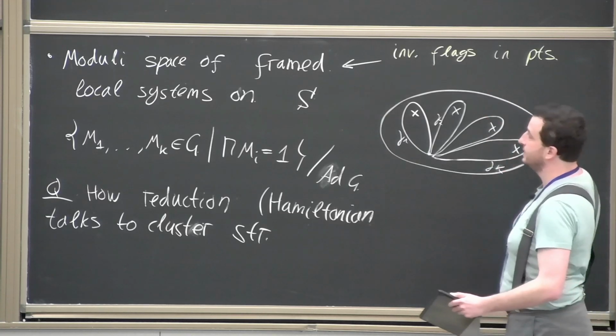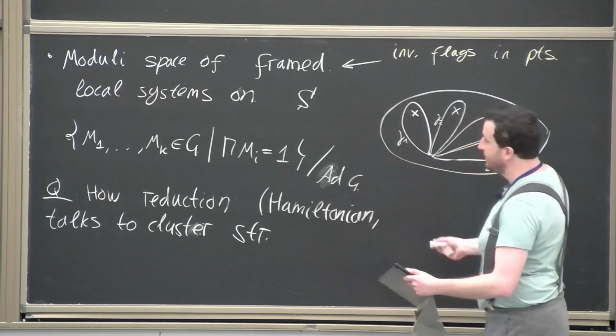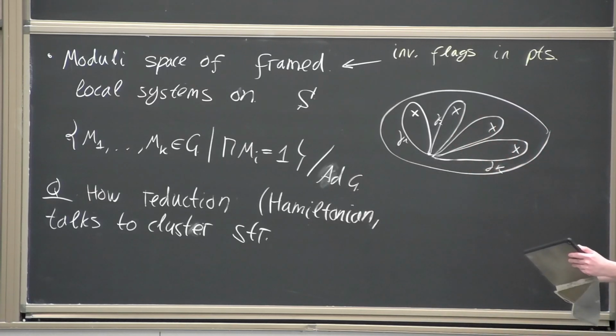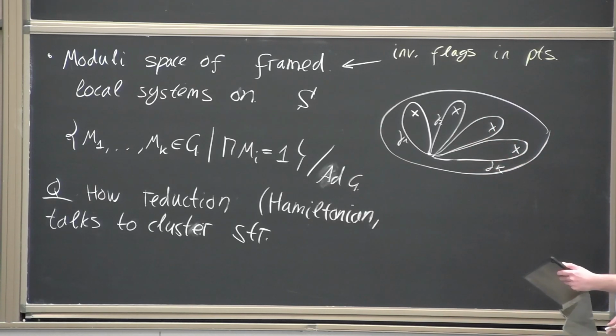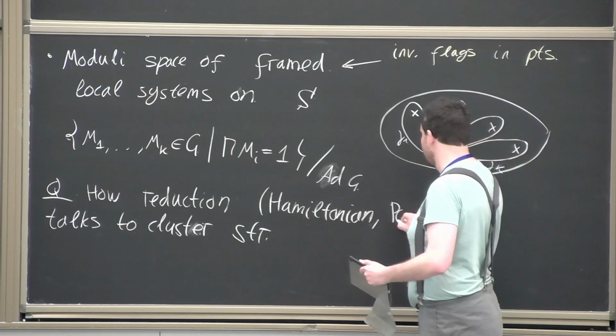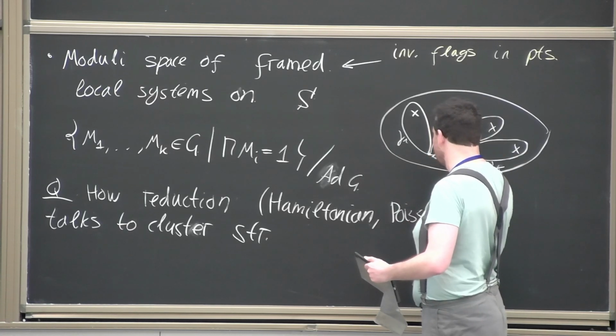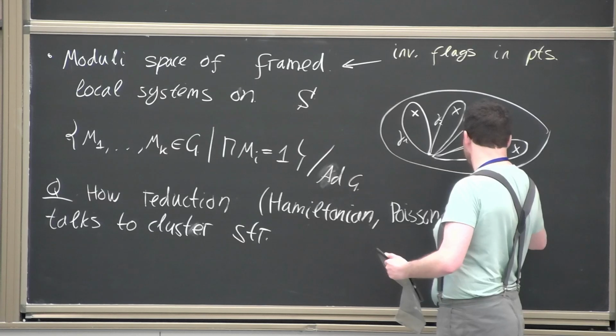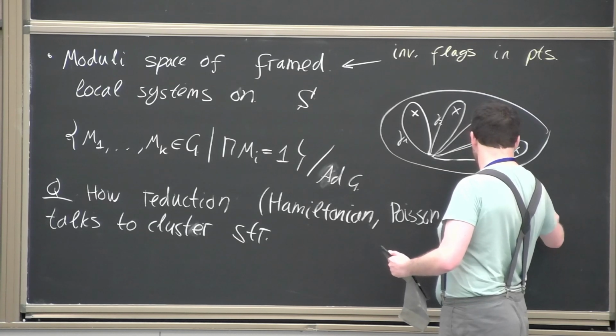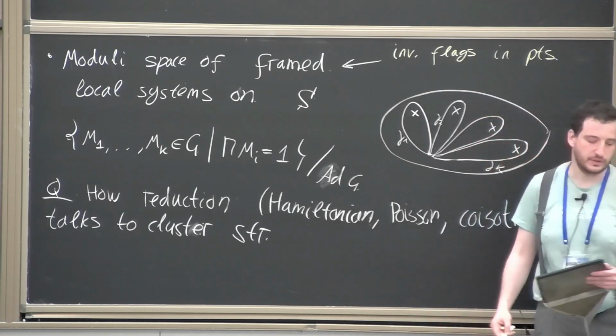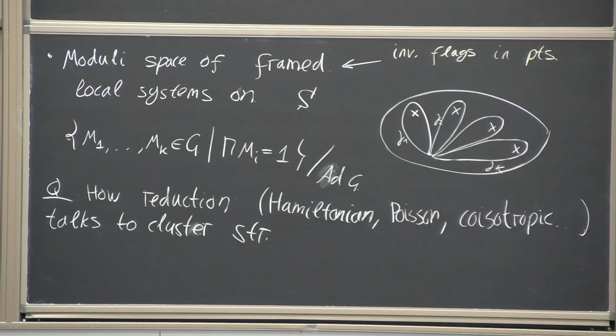So in principle, I can stay with the word Hamiltonian, but in this case, we do not always have an honest Hamiltonian reduction with respect to some group action. So it can be what's called Poisson reduction, or what's called coisotropic, and probably one can find other examples. So there are some versions of the definition of the reduction that I'm not going to define at this second.